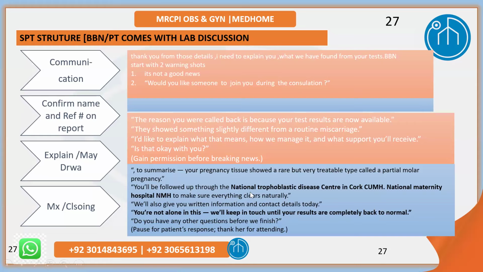You will be followed up through the National Trophoblastic Disease Center in Cork or the National Maternity Hospital. Take one name, that's enough. You can say there is another center suitable to your location and we can connect you with that. Offer a written information leaflet, support group, and counselor, as more people around her may be having these things.